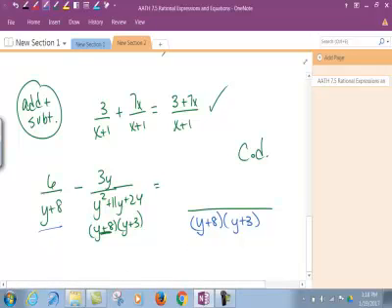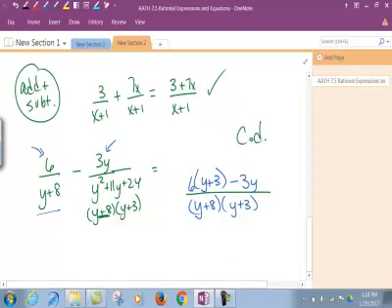So now that I have my common denominator, I'm going to go back and look at the numerator of each one and figure out what's missing in the denominator. The 6 is only over a y plus 8, so we must multiply it by the other denominator, right? The 3y is over both factors, so we don't have to multiply it by anything, all right?